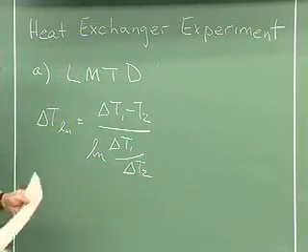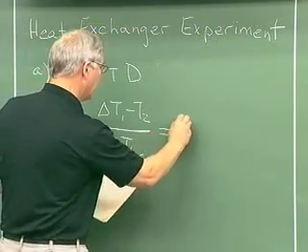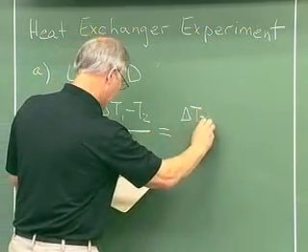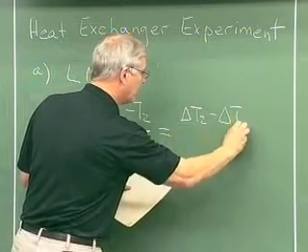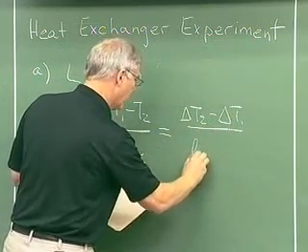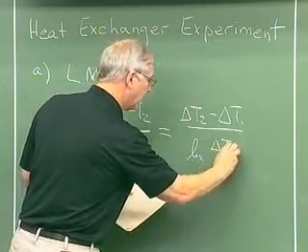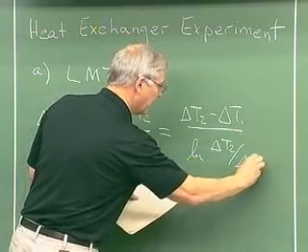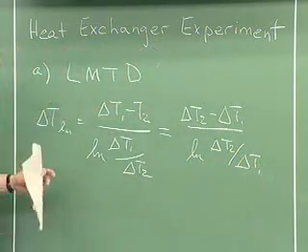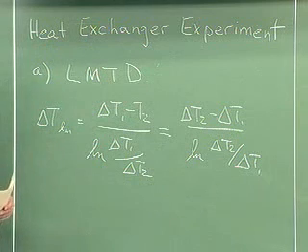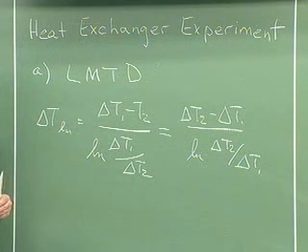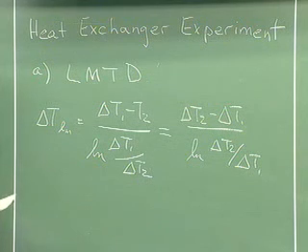This is also equal to delta T2 minus delta T1 divided by the log of delta T2 over delta T1. Remember that these subscripts refer to physical locations, not the hot or cold flow. They refer to physical locations.